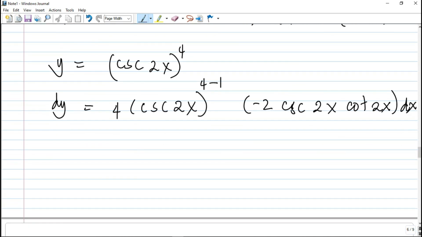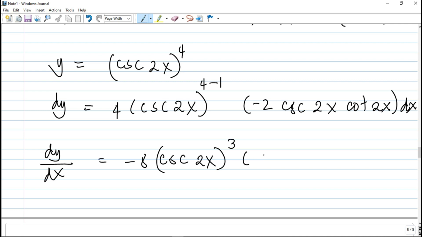So, here we have derivative of y with respect to x na. Divide natin both sides by dx. So, negative 2 times 4, so negative 8. So, we have here cosecant 2x raised to 3, cube. Times cosecant 2x cotangent 2x.